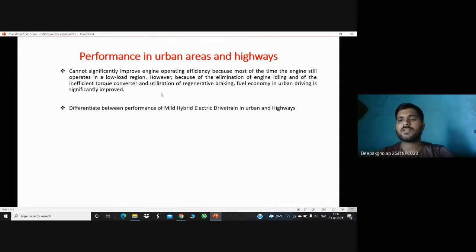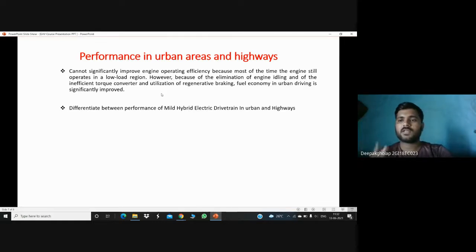In case of highways, the torque converter has a high efficiency at high speed. So at high speed, the mild hybrid vehicles are not good enough compared to conventional vehicles.